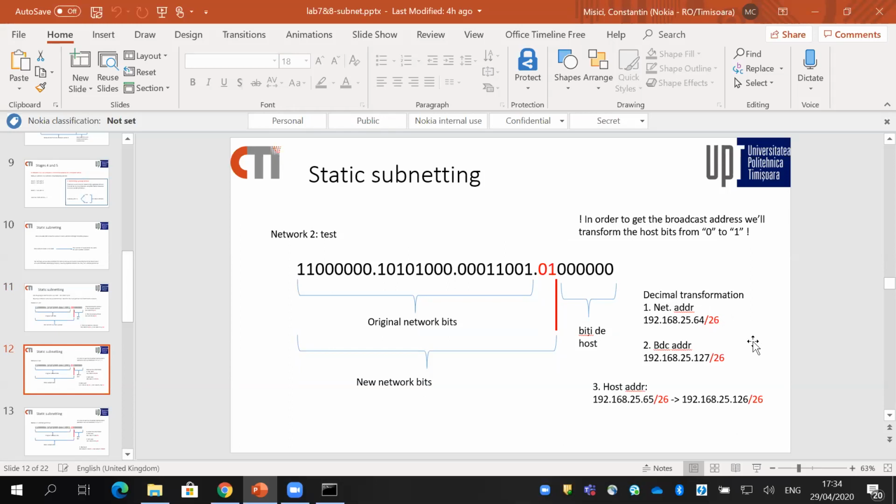Then we compute the broadcast address, in which we turn all of these host bits to ones, and we get 0, 1, 1, 1, 1, 1, 1, 1, and that means 127/26 at the end. And the host addresses, which state that we get the network address plus 1 and the broadcast address minus 1. All things clear?